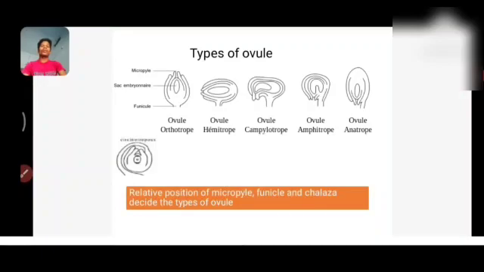It looks like a round ovule, because the funicle covers the whole ovule. This type of ovule you can find in Cactaceae and Plumbaginaceae families.